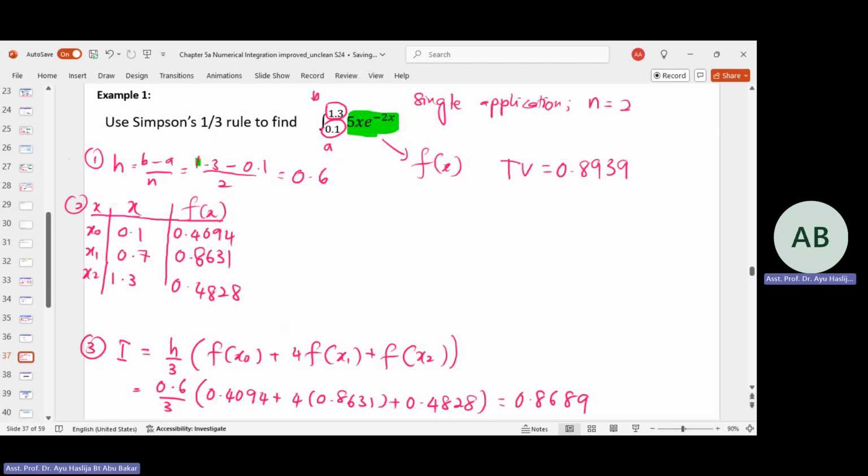Okay, so from here, calculate your true error. The question doesn't mention it, but I want you to calculate the true errors. What do you get?